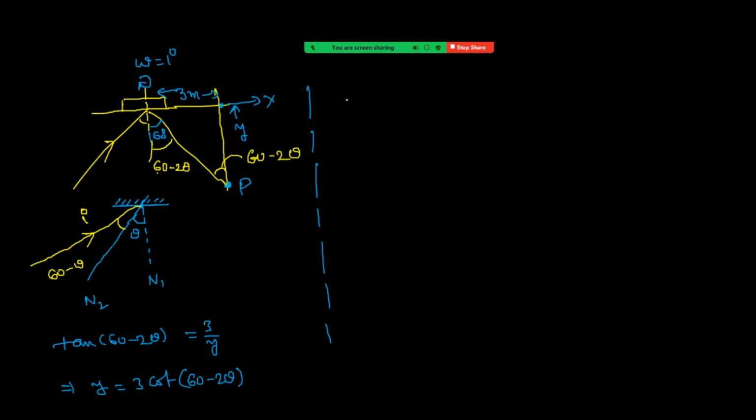Now differentiate that. dy by dt is equal to 3 into the derivative of cot, which is minus cosecant square (60 minus 2 theta), and the derivative of the inner function is minus 2 into d theta by dt, right?